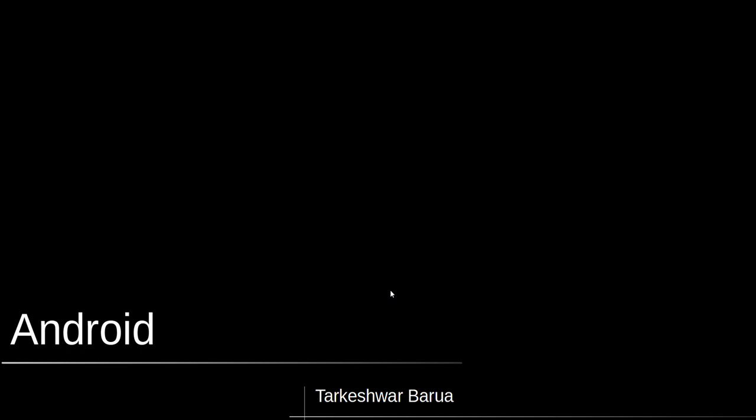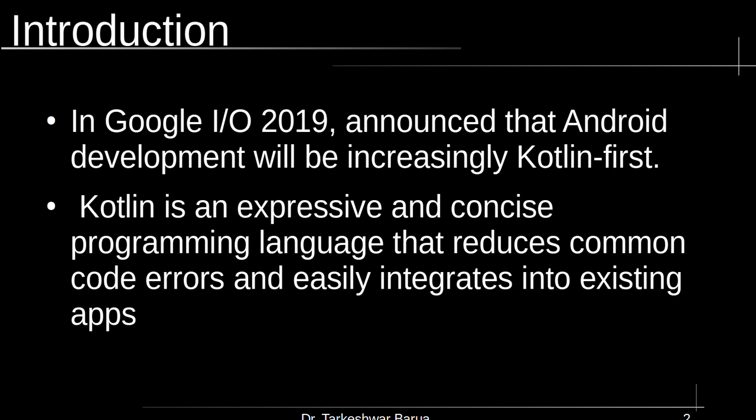For Android development, initially it was developed only in Java, but soon other languages were also introduced, like Python, JavaScript, React Native, and Kotlin.